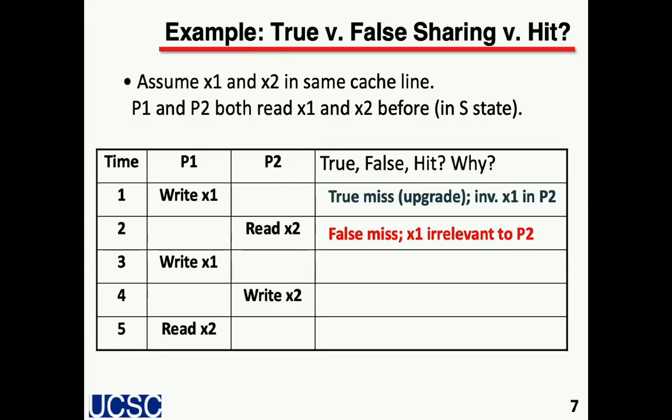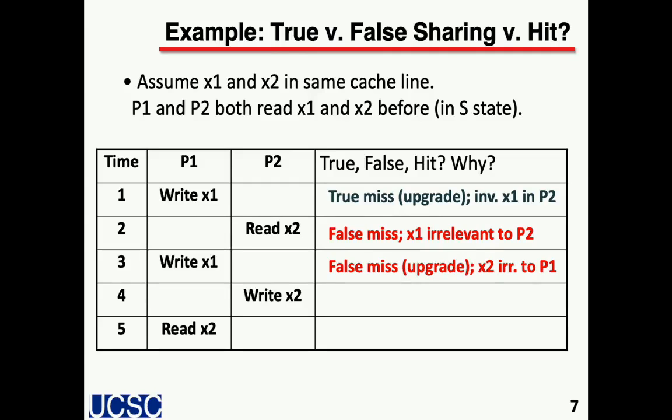And so as a consequence of reading X2, it's going to trigger more transactions. It's going to go from invalid to shared. And because it's going to shared, it's going to force P1 to go from modified, do its write back, and into shared.